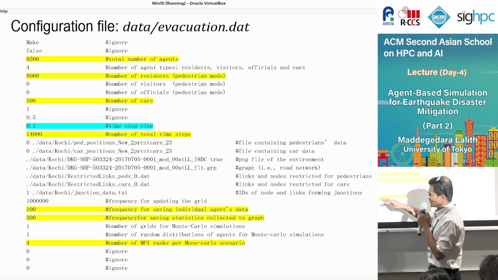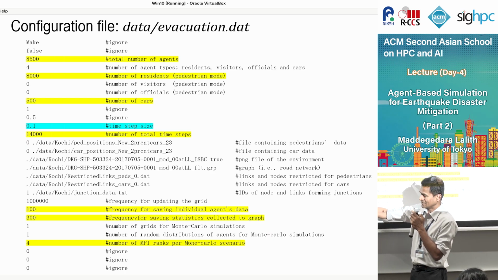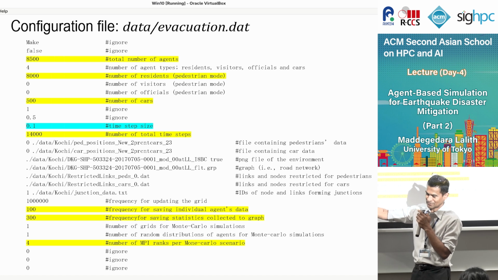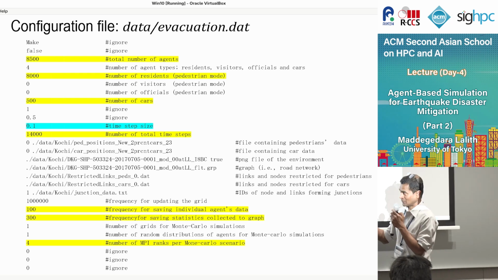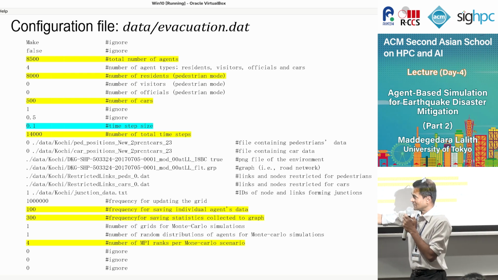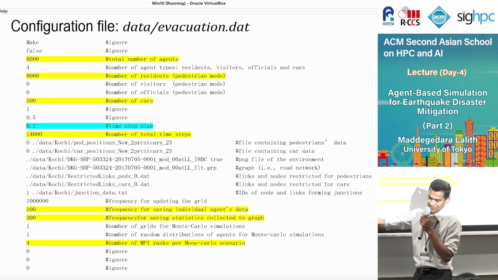And strangely, I have to set a number of MPI ranks here too, because sometimes we want to do Monte Carlo simulation. That's why. So here we set the number of MPI ranks to 4.